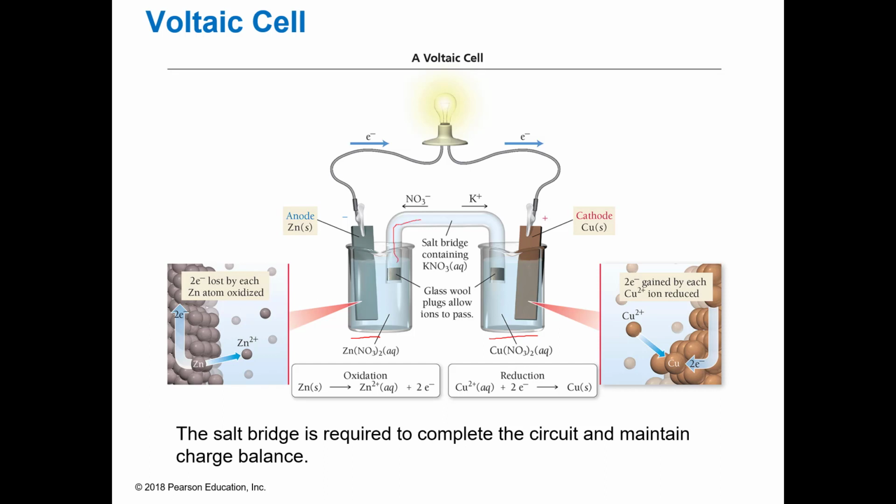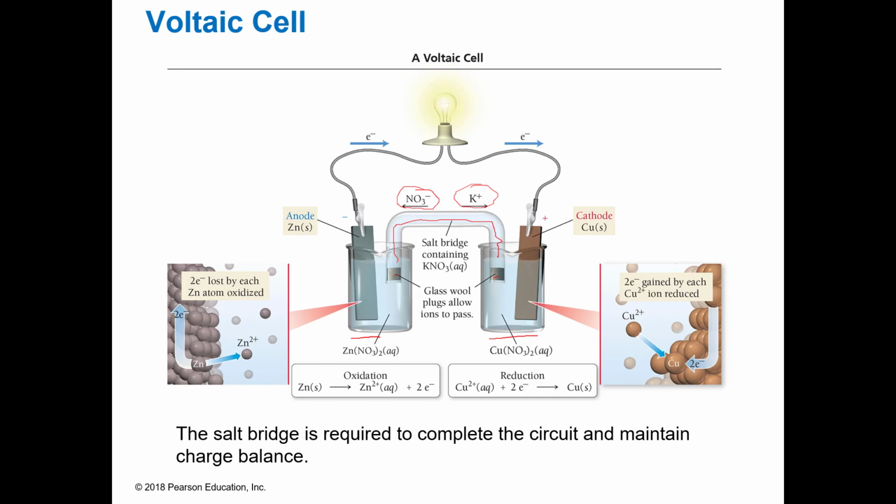So here's my salt bridge. So the salt bridge is generally some highly ionic substance, in this case potassium nitrate, and that dissolves in water so that we have positive and negative charge carriers, or positive and negative ions. We generally have some plugs here that allow the ions to pass but not allow the salt solution to flow out of the bridge.